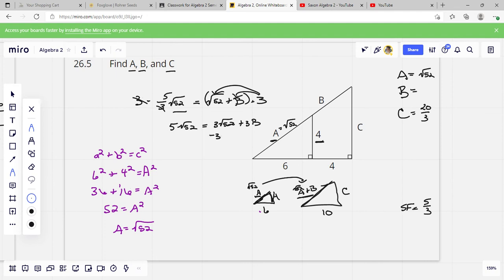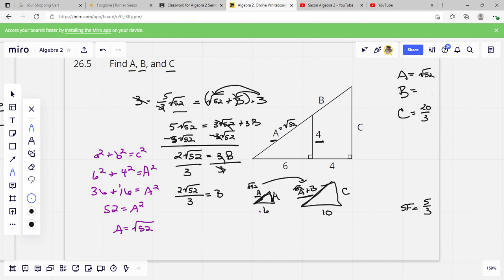So I can subtract 3 times the square root of 52 from both sides, and I'm going to get 2 times the square root of 52 equals 3b, and then I just divide both sides by 3, and I'm going to get 2 times the square root of 52 over 3 equals b.